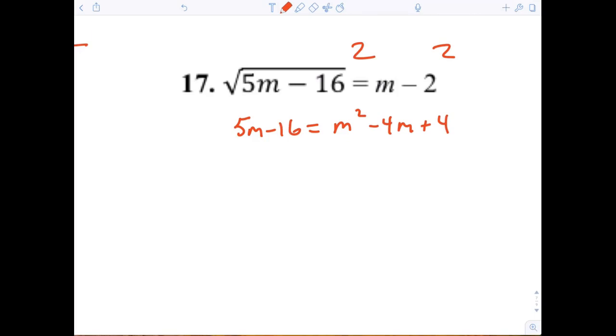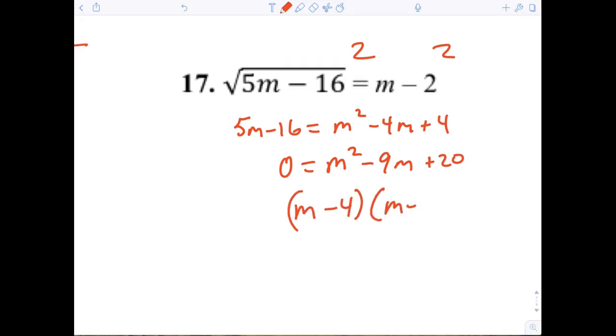Now we have to set it equal to 0. 0 equals m squared, when I subtract 5m, it becomes? Then when I add 16, good job. So now we have m minus 4, m minus 5. So m could be 4 or 5.